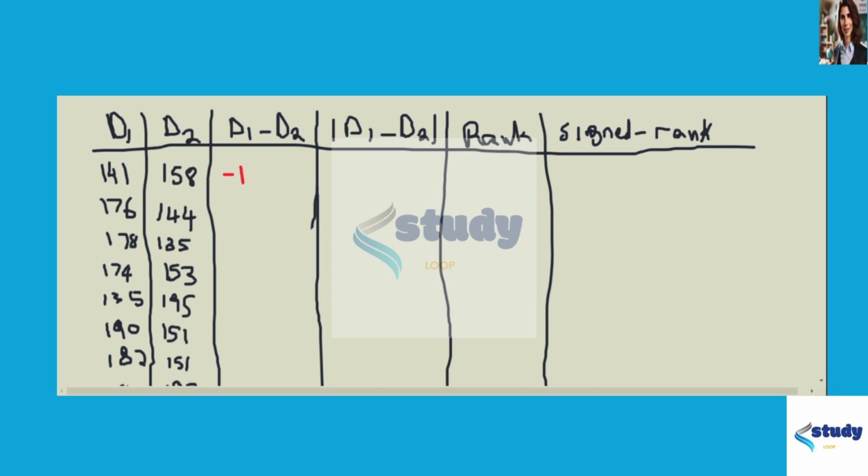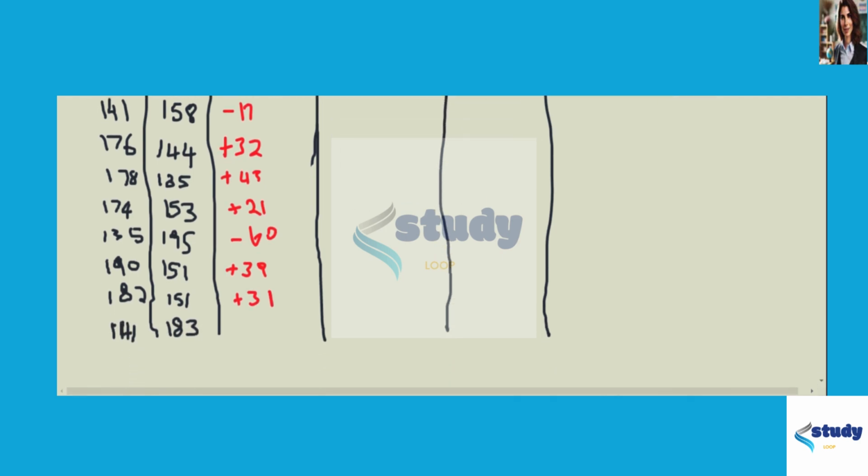It's negative 17, positive 32, positive 43, positive 21, negative 60, positive 39, positive 31, then negative 42.